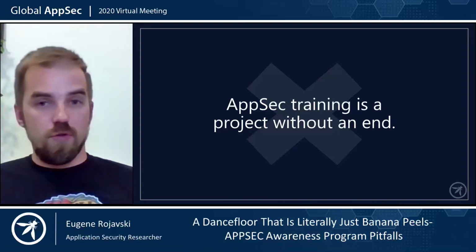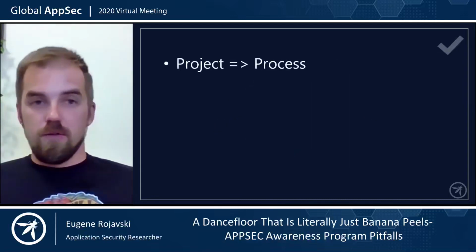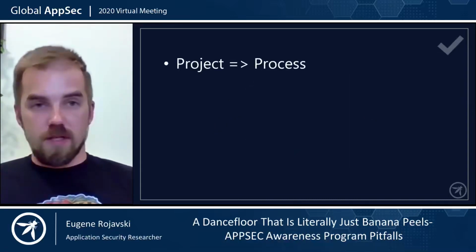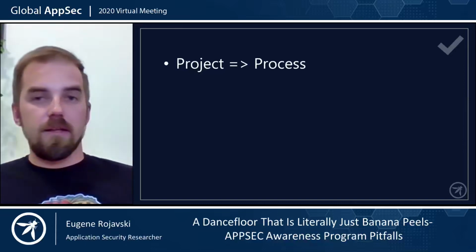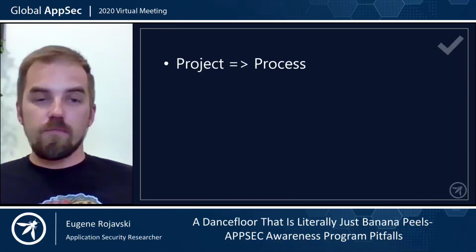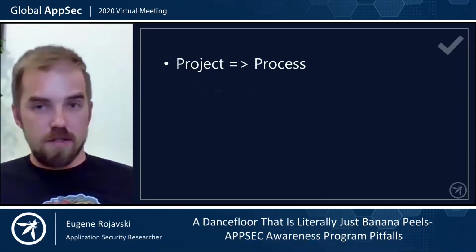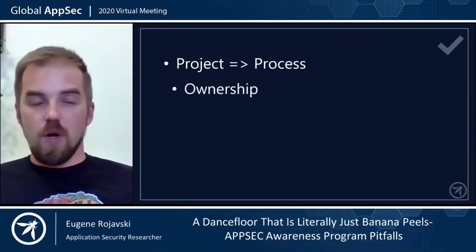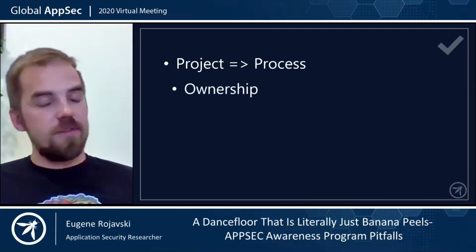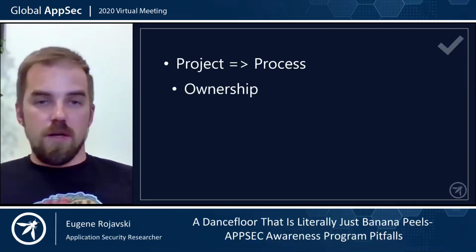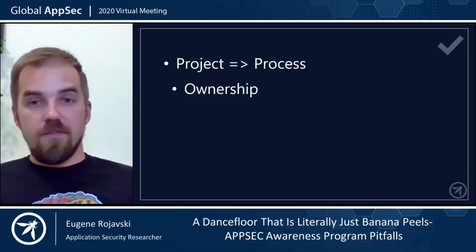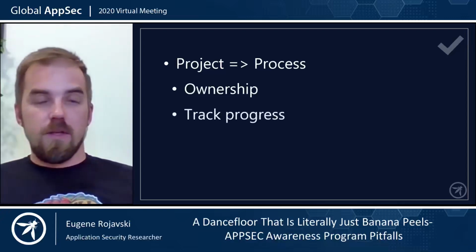So what you should do, you should have a process as the end result of the project of implementing the awareness program. The process should have its owner, a person who will be responsible for everything happening to awareness, driving it forward.